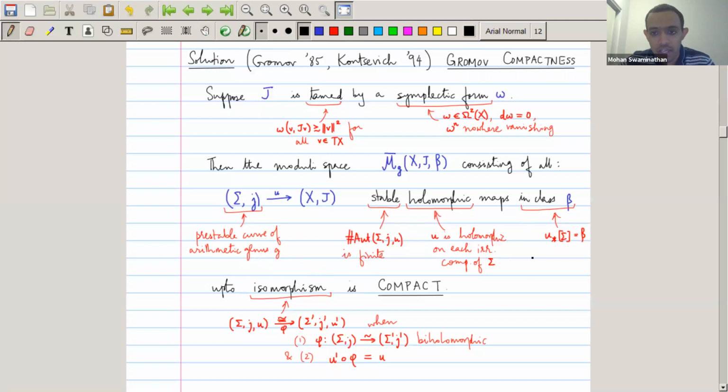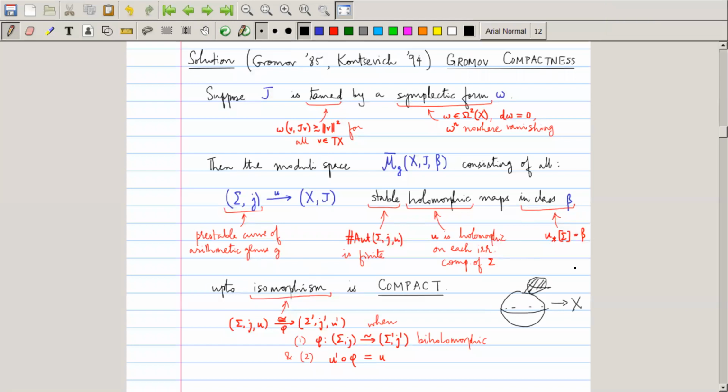Yeah. So let me maybe just draw a picture here. If you have a sphere with a map to X, then you can of course form another curve which is just given by adding another sphere to it, which just maps by a constant. So you don't want to include such things. You want to include constant components only when it's absolutely necessary.